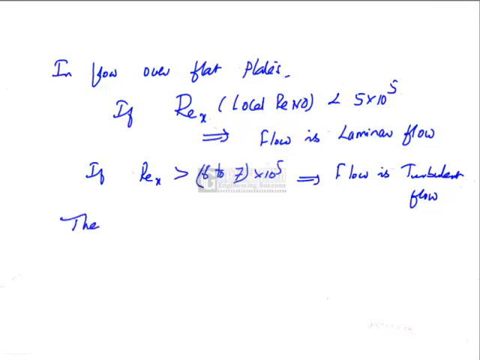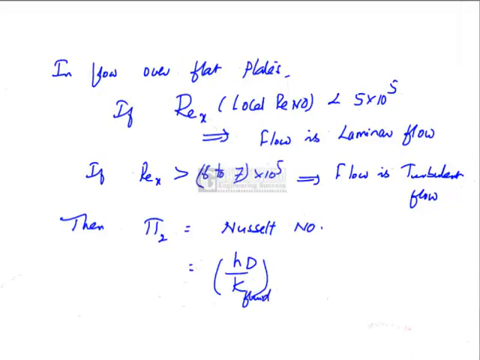Then the pi 2 in the dimensional analysis is nothing but Nusselt number, which is defined as h D by k. Please note that here the k is the conductivity of the fluid.